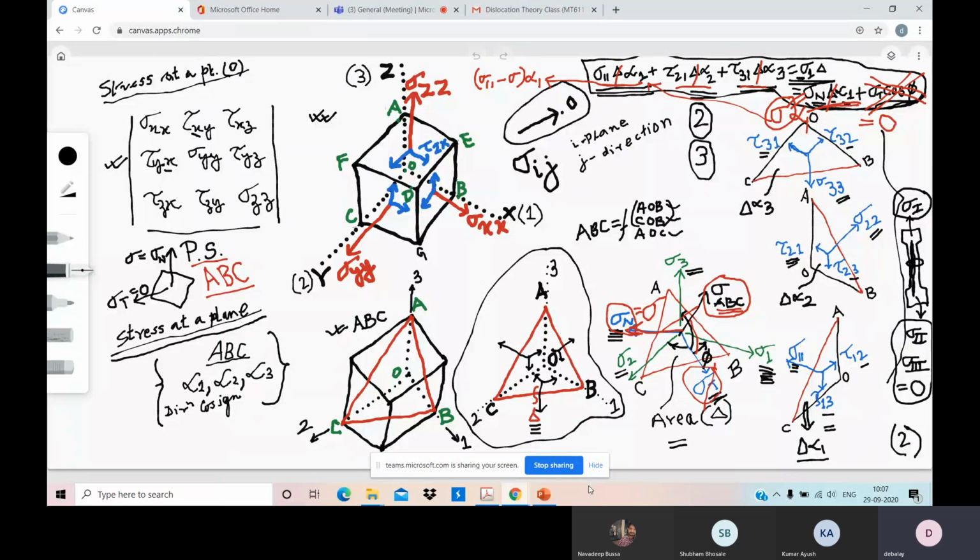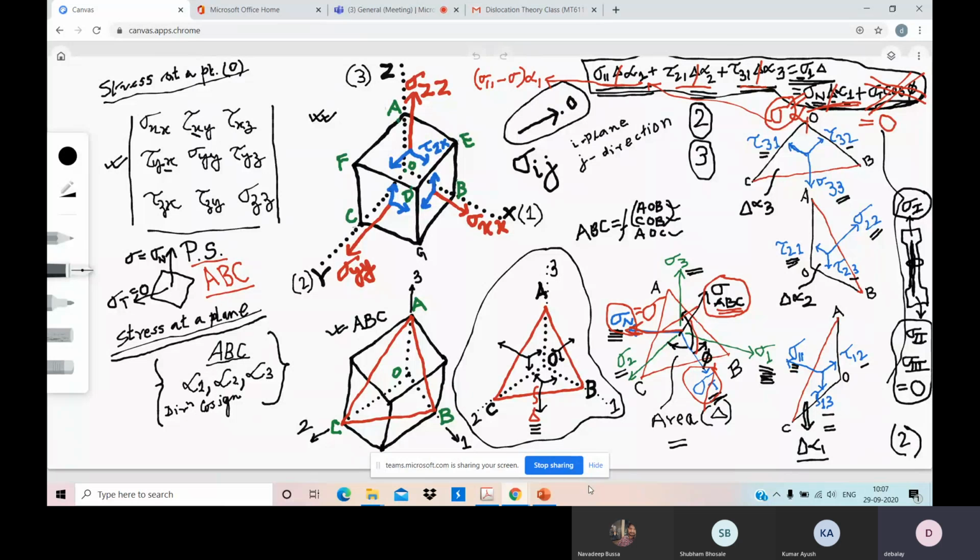So any arbitrary plane that is inclined with respect to 3 major axes with direction cosines of alpha 1, alpha 2 and alpha 3, that means the angle between that particular plane normal and the direction 1, if it is theta 1, then alpha 1 equals cos theta 1. Similarly with direction 2, it's theta 2, and direction 3 theta 3. So alpha 2 and alpha 3 are cos theta 2 and cos theta 3 respectively.